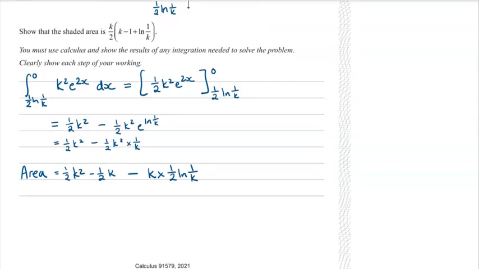Now if we tidy that up, we can take out a factor of a half k from all of that, and we will get, from this first term here, we need another k. We've got a half k in the second term, so that's just 1. And then at the end here, if we take out a factor of a half k, we have the natural log of 1 over k, as was required. So we are all done.